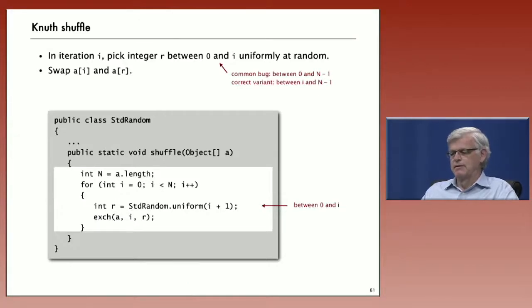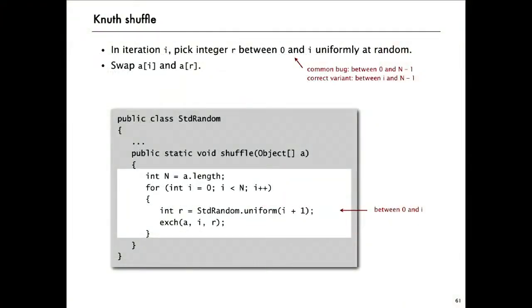It's easy to implement. Now it's key that the uniform random number be between 0 and i minus 1. You'll often see programmers thinking that they're implementing a shuffle, and for every entry they just choose a random place in the array to exchange it with.